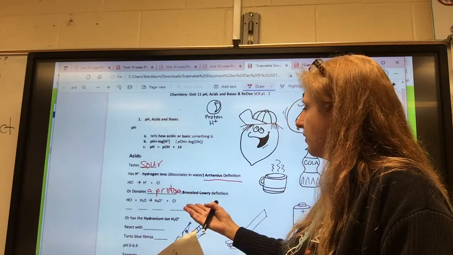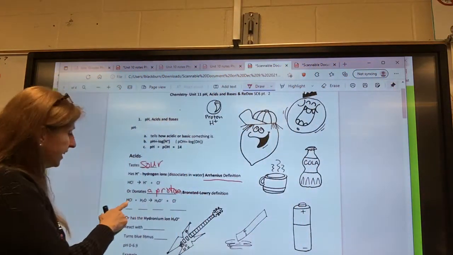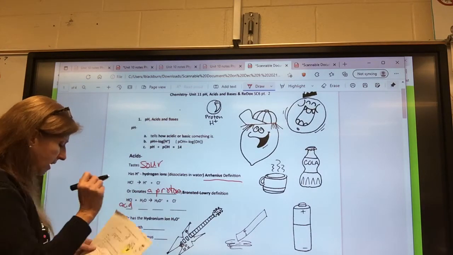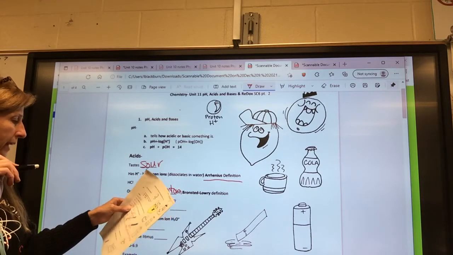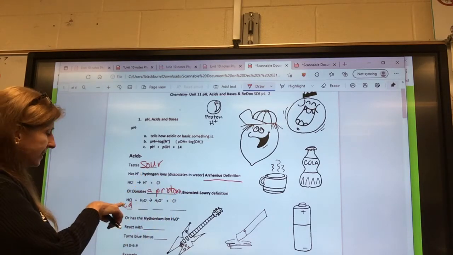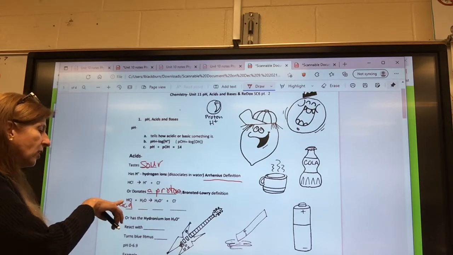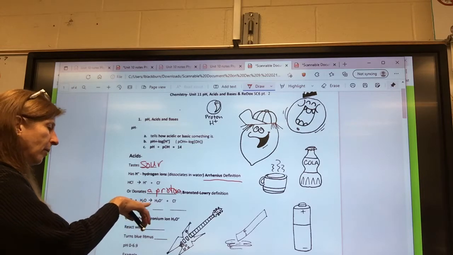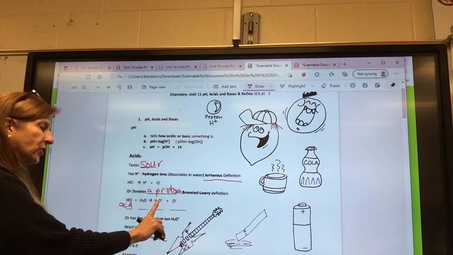This is another thing where there's a reaction. HCl is hydrochloric acid. H2O is water, but here the acid is going to come apart, the hydrogen and the chloride, so it's going to donate a proton. The water is going to accept the proton and become H3O.